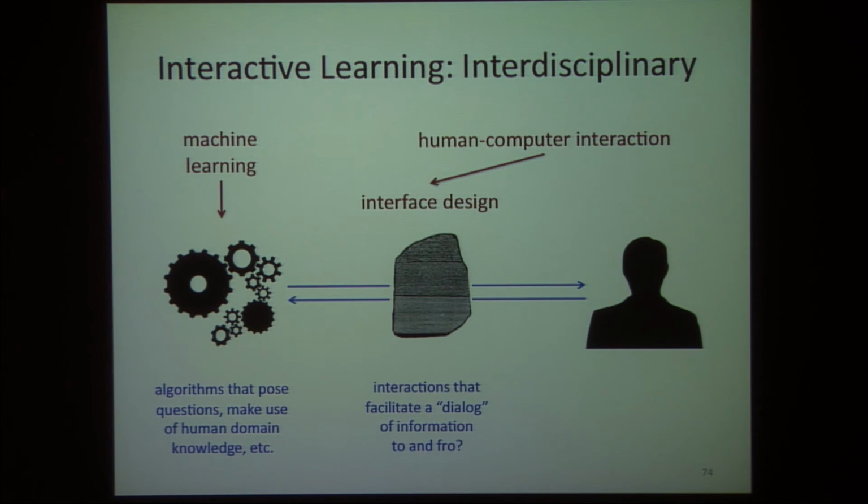But there are also human-computer interaction issues, like how do we design interfaces that facilitate and open up communication between the two parties? How do we get the machine to understand the human input, as well as help the human understand what the machine has learned and or wants to learn?